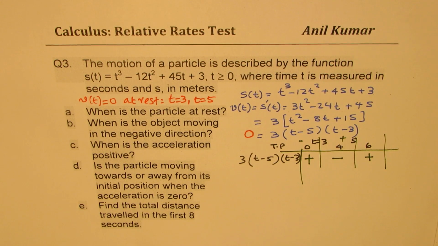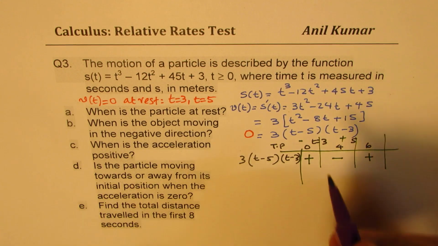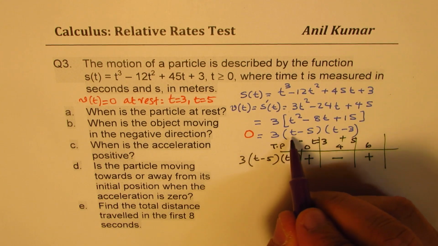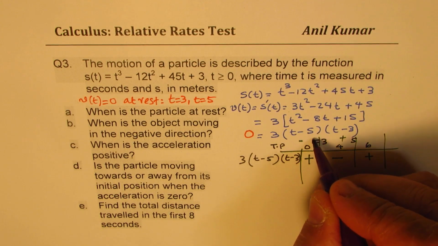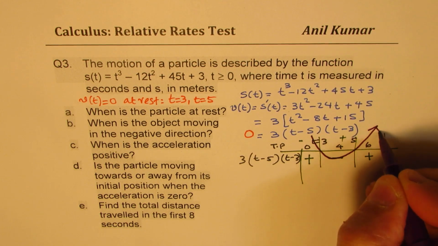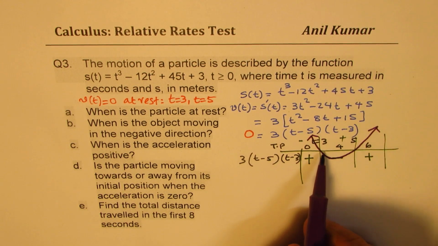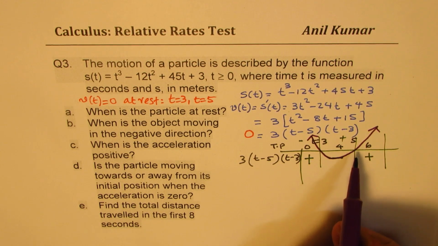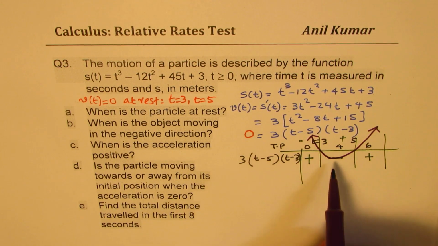This is one way of doing it. The other way is that you could sketch the graph, right? You know these 2 zeros. The leading coefficient is positive, so you are expecting a parabola going through both the zeros, kind of like this. So it is the interval between 3 and 5 when the velocity is negative.